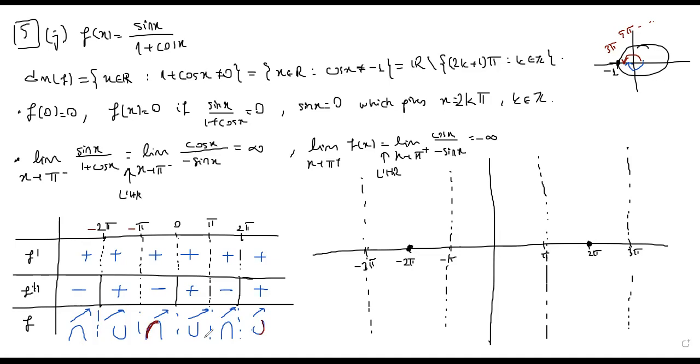It will be like this, and here it's also increasing but upward, so it will look like this. Now we know this point is also on the graph, 0, 0. So it's increasing and upward after 0 till pi. So it will be like this. When we are approaching pi from the left, it will be plus infinity.